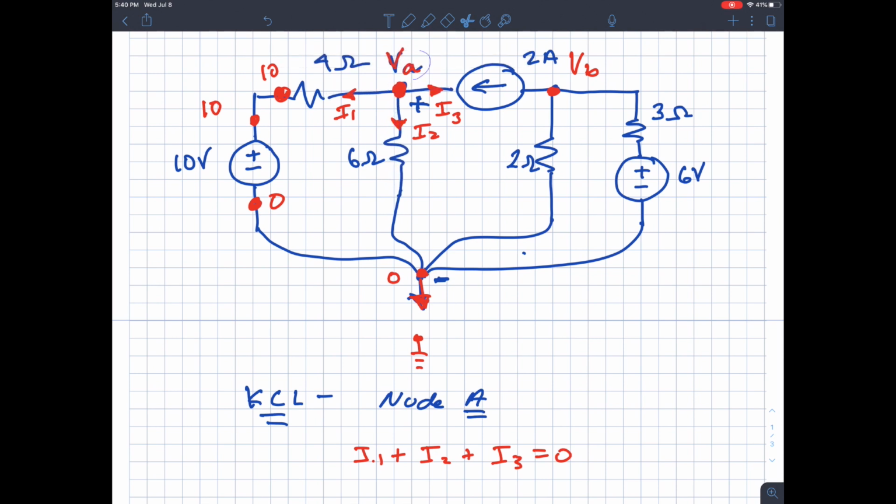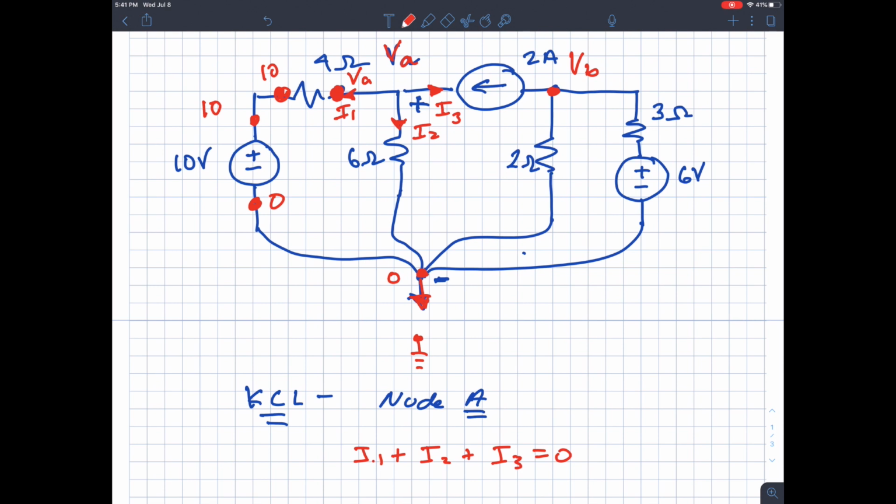There is point VA. I know that's VA and I know that's 10. I can now calculate a voltage difference across the resistor.